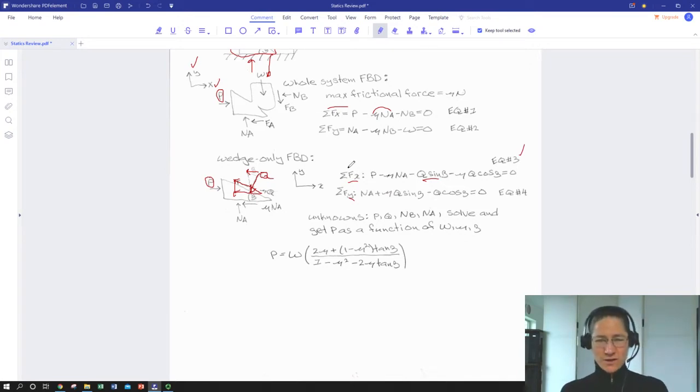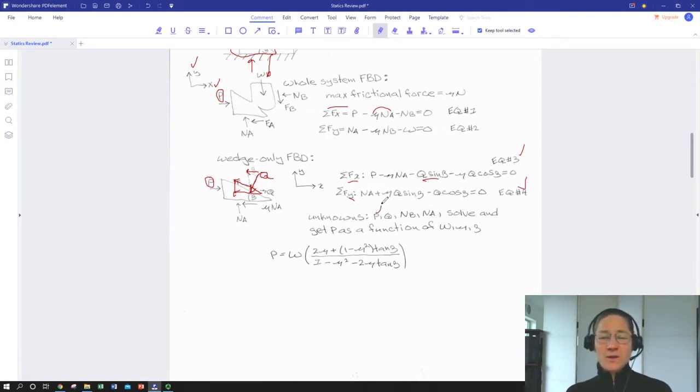We're still stuck with now 4 unknowns and only 3 equations, but we get another equation of equilibrium in the form of the sum of the forces in the Y, which are going to be similar. We don't have P, but we do have the other trigonometric components of mu Q and Q. So that's 4 equations, 4 unknowns.